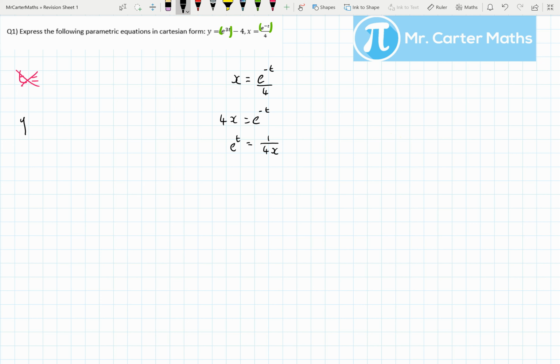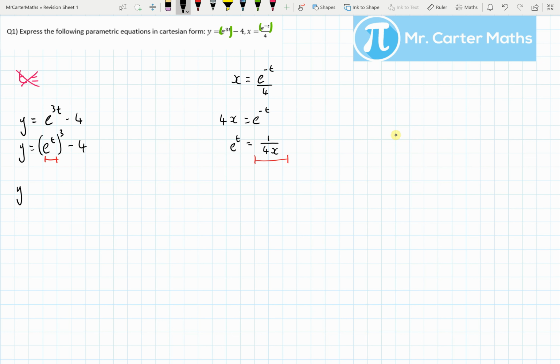So if I relook at my y equals e to the 3t minus 4, hopefully we're happy with laws of indices. Y equals e to the t all cubed minus 4. And actually I have an expression for e to the t over here in Cartesian form. I can substitute that straight in.